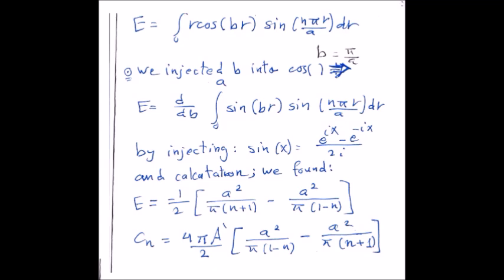So here the integration will be a number, and this number is minus half a squared over pi times (n plus 1) minus a squared over pi times (1 minus n). I can reorganize it because it is just a multiplication of constants. It will give you c_n.